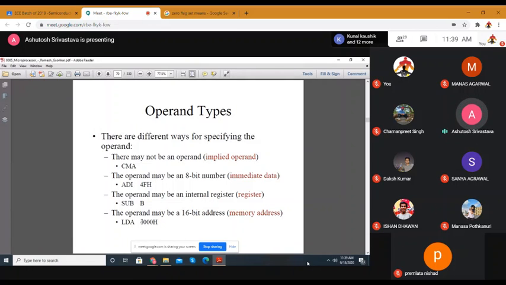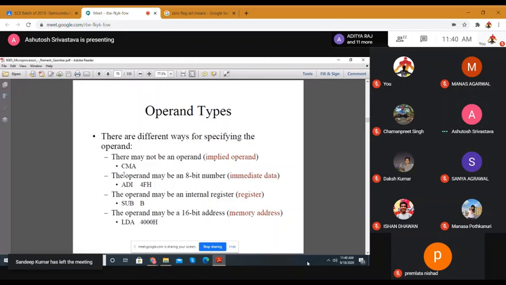So the contents of the value stored in, say, memory address 4000, or the contents stored in your register B, or if you are immediately giving a value as an external programmer or an end user, this would be reflected in your accumulator.